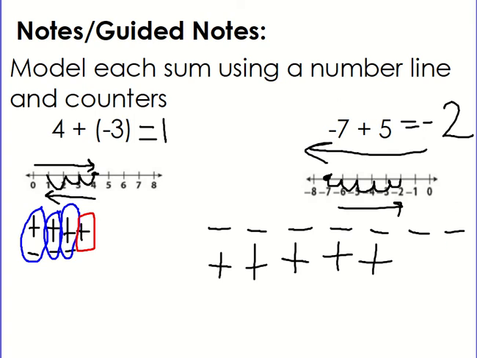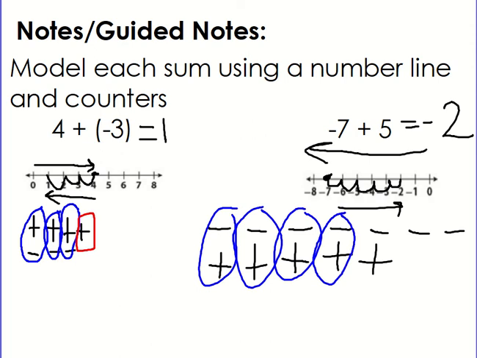So now we're going to look for our zero pairs. And so that's a positive with a negative. So there's 1 zero, 2 zeros, 3 zeros, 4 zeros, 5 zeros. Those are all 0. Just like I circled them, they become zeros.